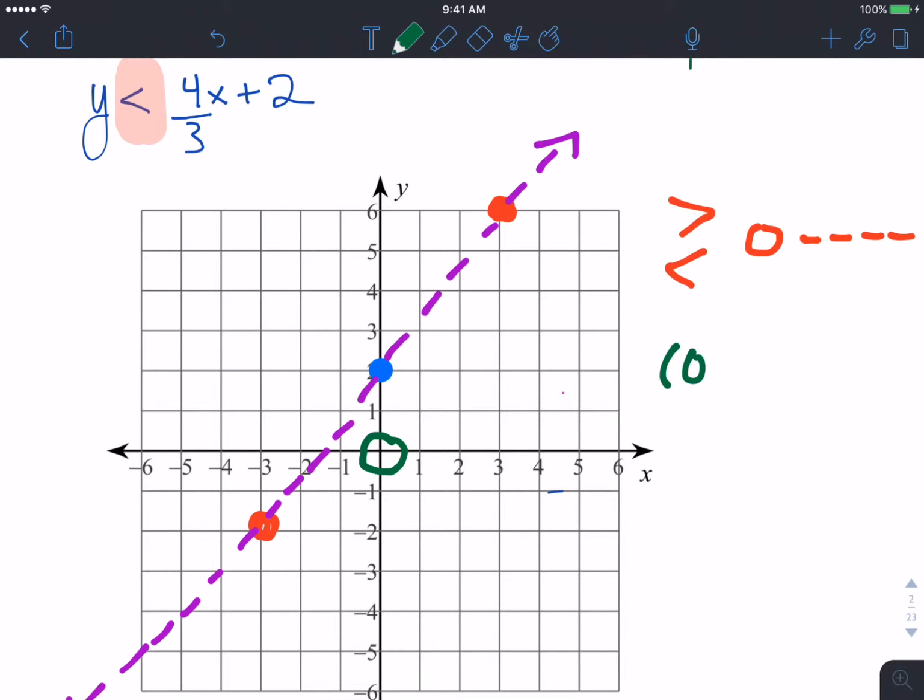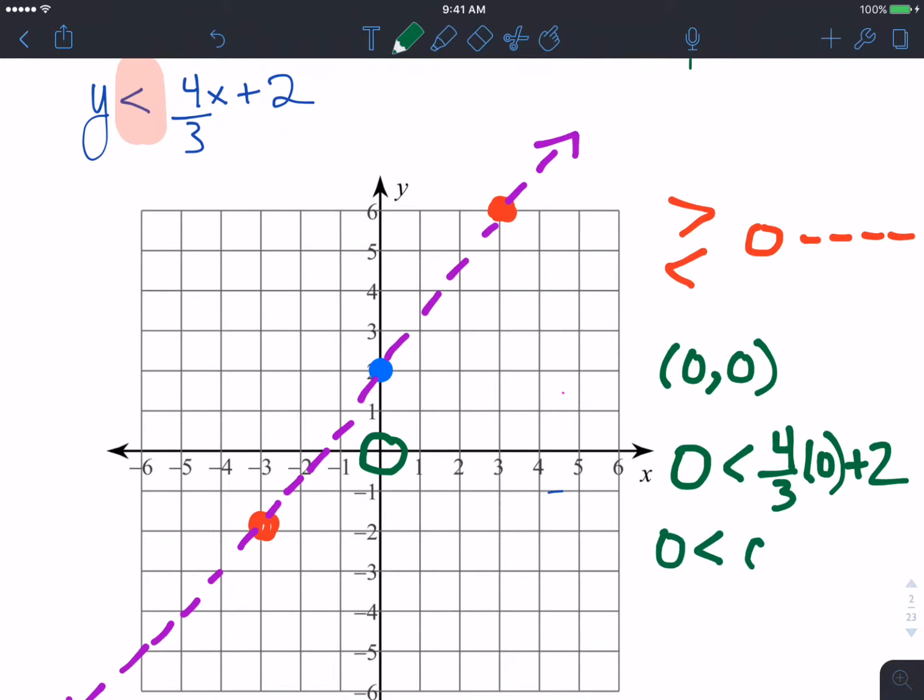So I'm going to take 0, comma 0, and I'm going to plug in. 0 is less than 4 over 3 times 0 plus 2. 0 is less than 0 plus 2. 0 is less than 2. That is true.